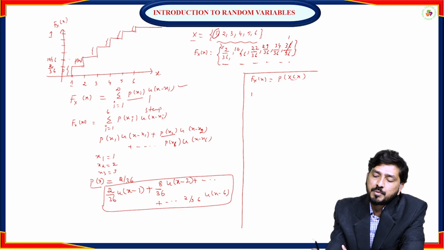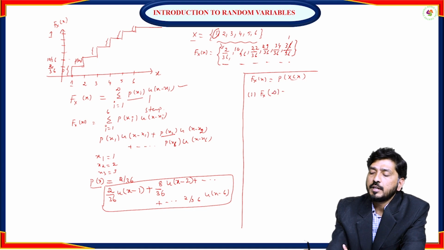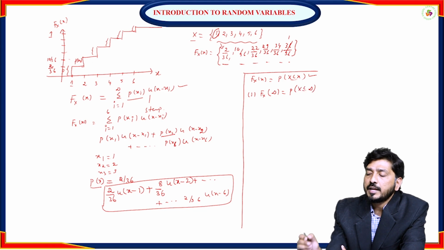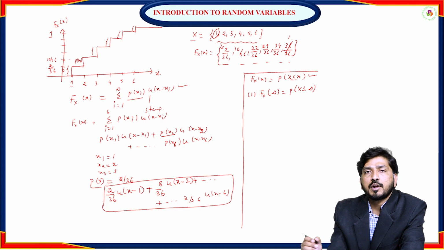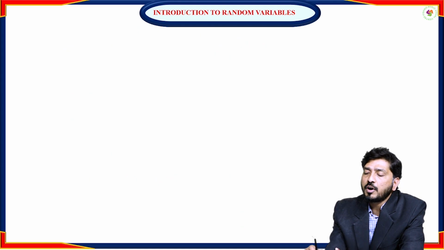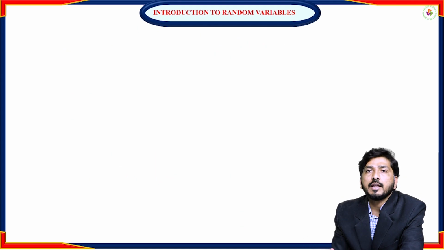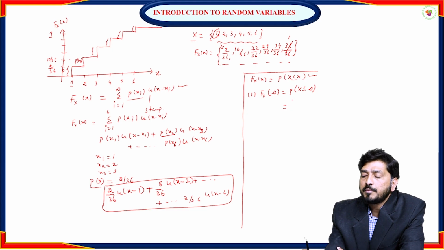The first property says Fx of infinity, which as per the above formula can be written as probability of x less than or equal to infinity. Up to infinity we have a number of elements, and the summation of all the elements leads to a probability equal to 1.